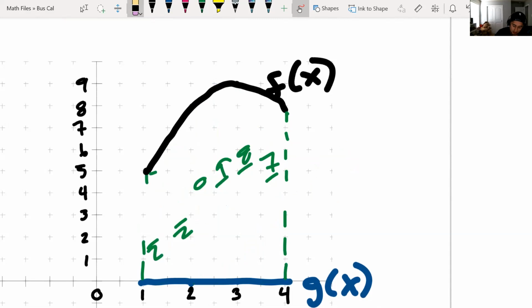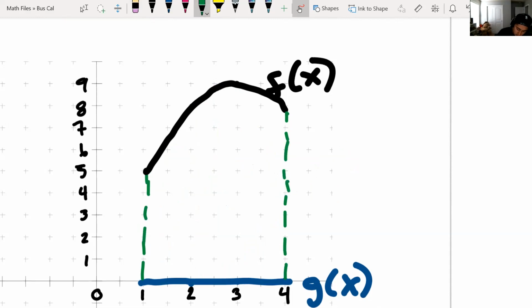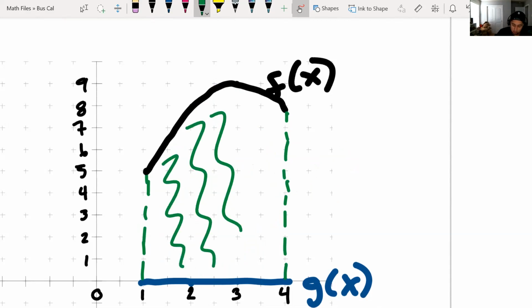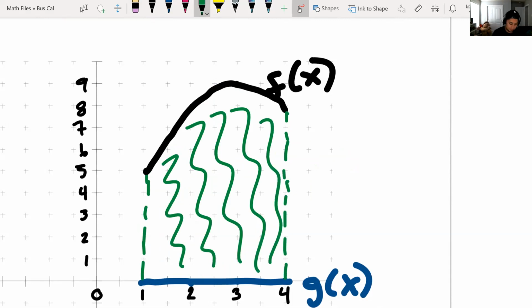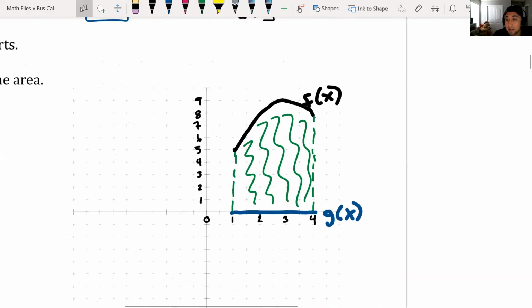I just thought it would be cool to show you what's actually going on, what this formula is actually doing. Back to the squigglies. There you go. Okay, so that's just what's going on behind the scenes.